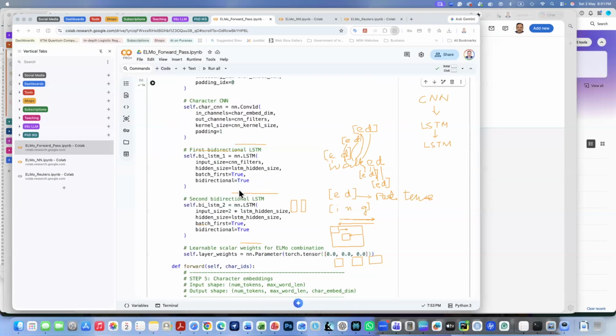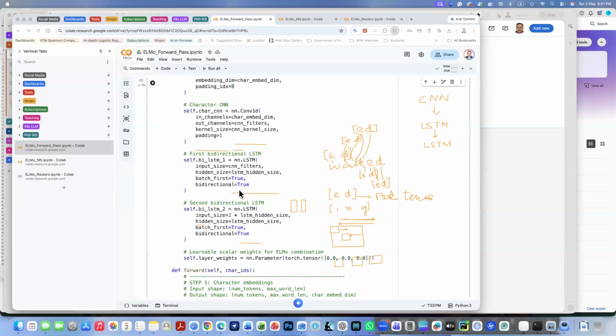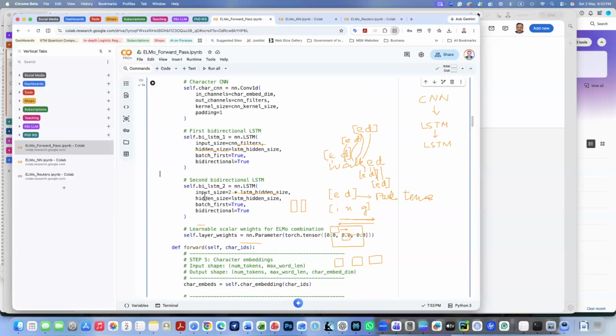Sir, conceptually I understood what you're trying to say. LSTM is a long-term, short-term memory that we would like to use to identify some context or correlation.